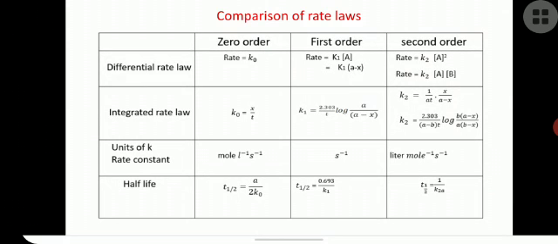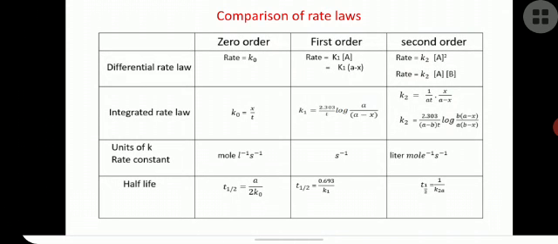Now the unit of the rate constant for zero order reaction is mole per liter per second. For first order reaction, it is per second. And for second order reaction, the unit of rate constant is liter per mole per second.